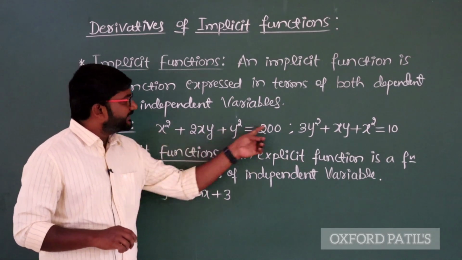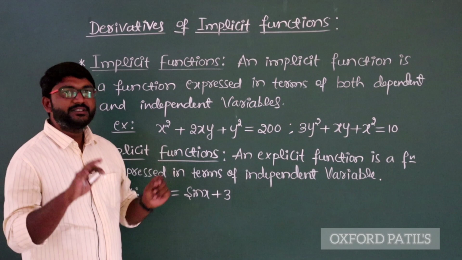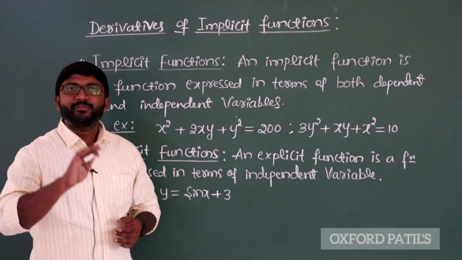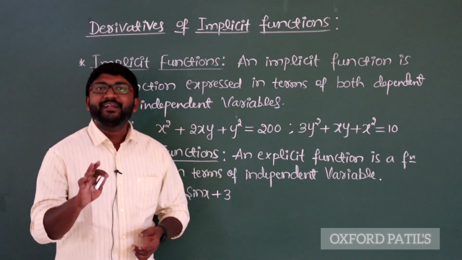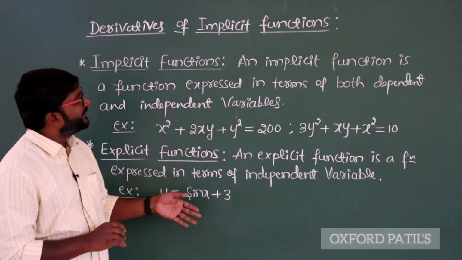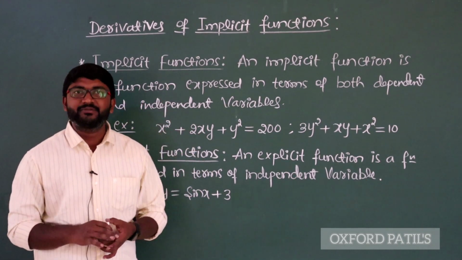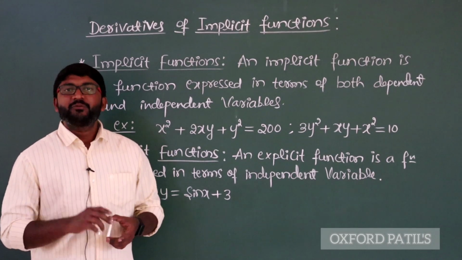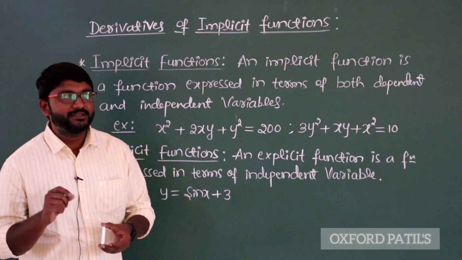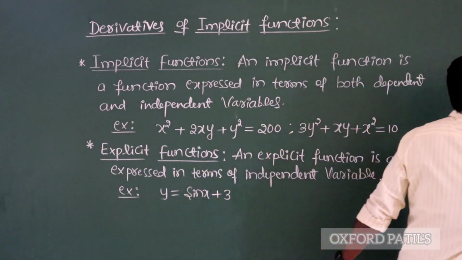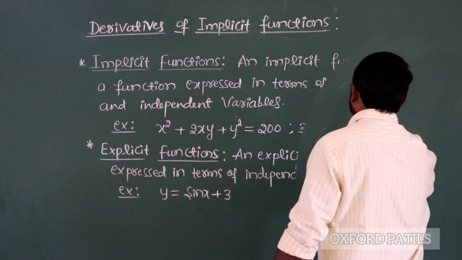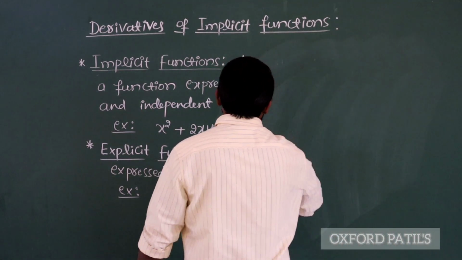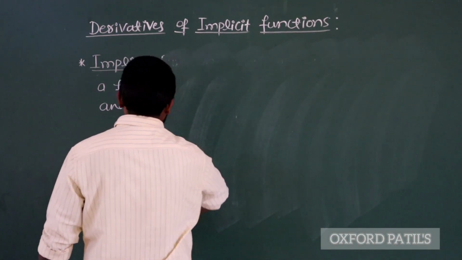That is why those are implicit functions, expressed in both independent and dependent variables, whereas this is expressed in terms of the independent variable. So this is the meaning of an explicit function and an implicit function. With this knowledge, we'll go for the derivatives of implicit functions. We'll take two important example problems, and after that, we'll discuss the derivatives of inverse trigonometric functions.